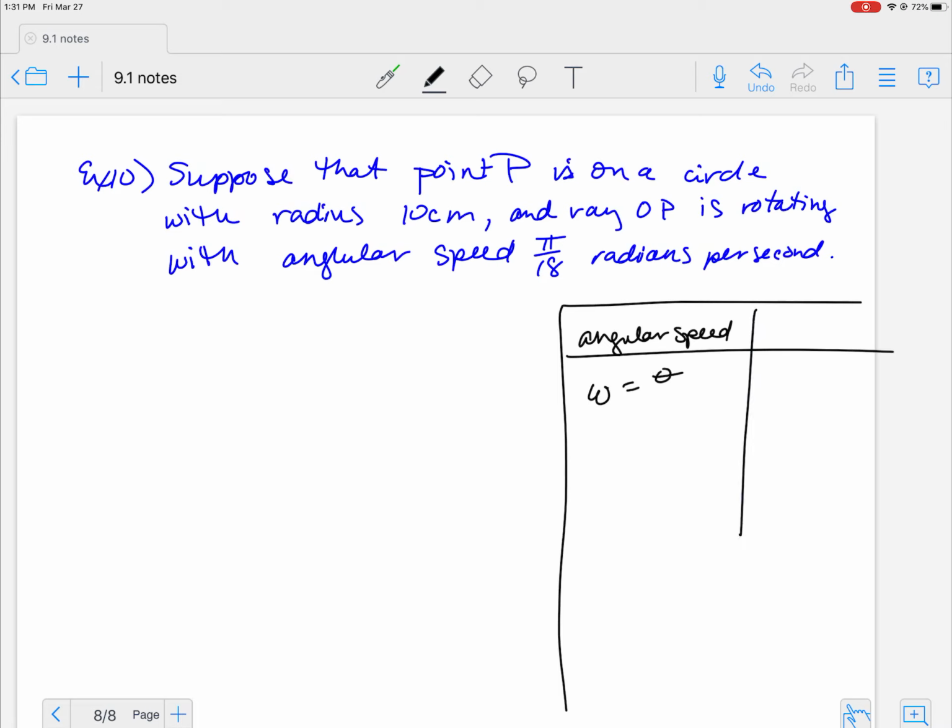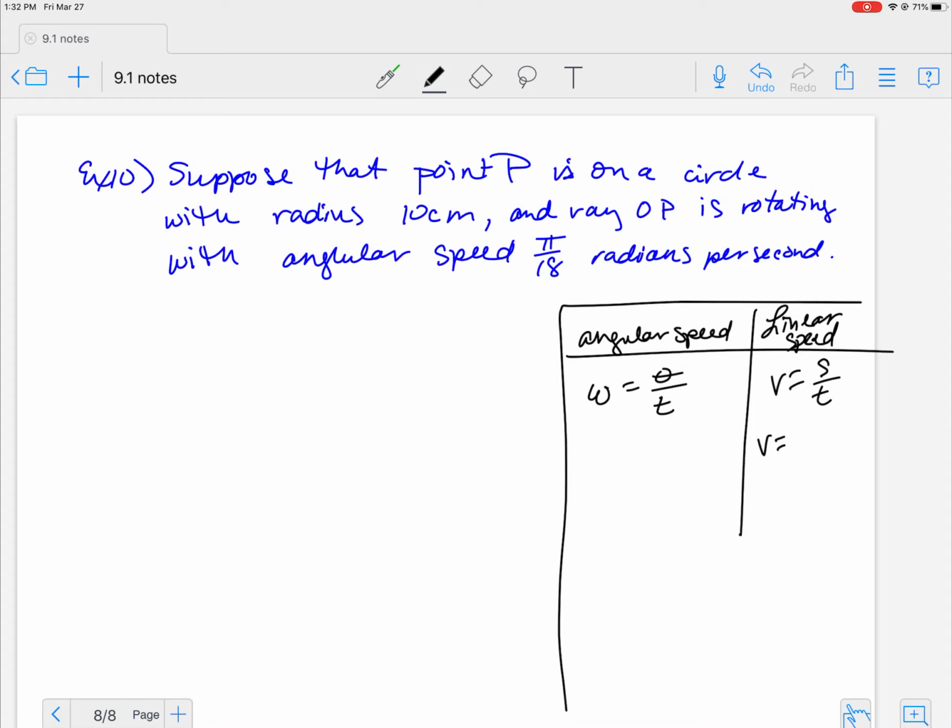If I have angular speed, my angular speed we know to be omega is equal to theta divided by time, where this is radians per unit of time, because theta is radians divided by time. We also know that linear speed here is S over T. That's our formula that we know.